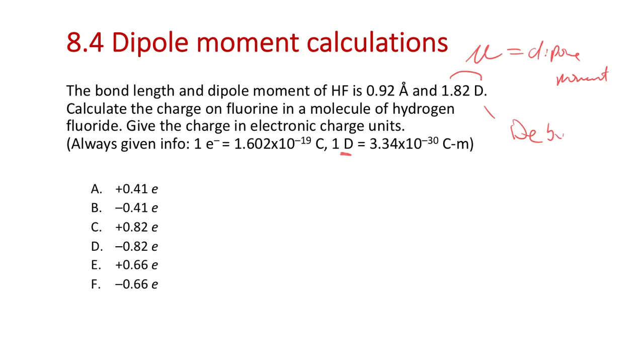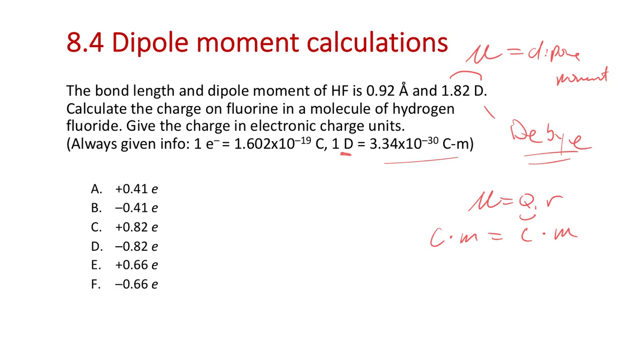It's named for Peter Debye. So the debye unit is equal to some SI units of coulombs times meters. If you think of mu being equal to Q times R, it's your Q in coulombs times the bond length in meters, which gives you your dipole moment in coulomb meters. And so then we have a non-SI unit that's commonly used for dipole moments called the debye, symbolized with a capital D.